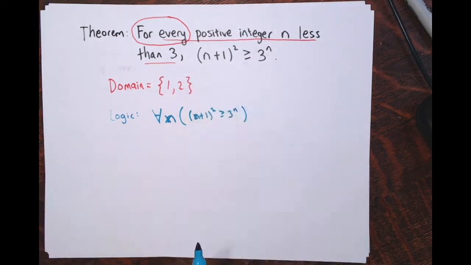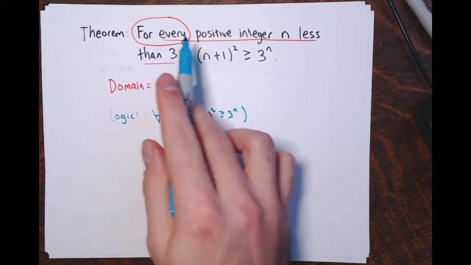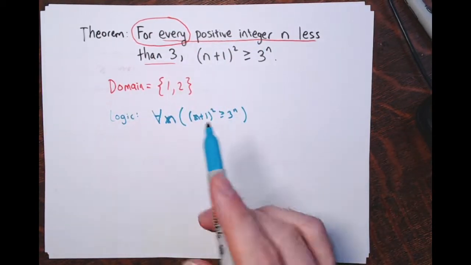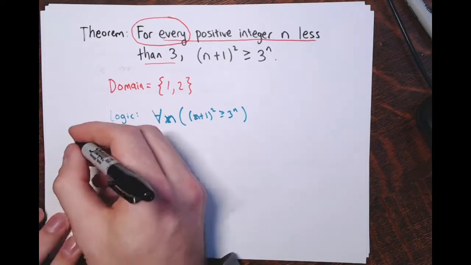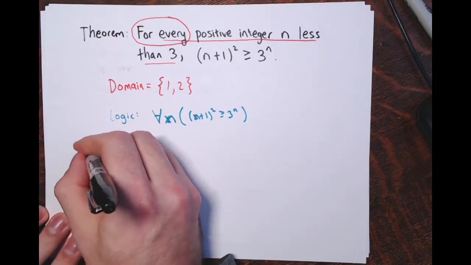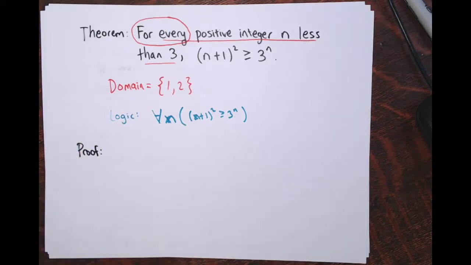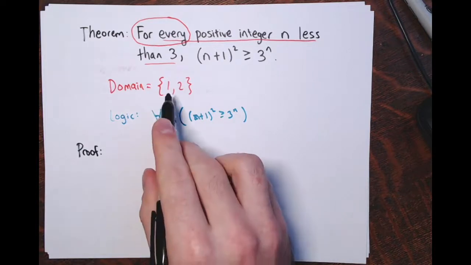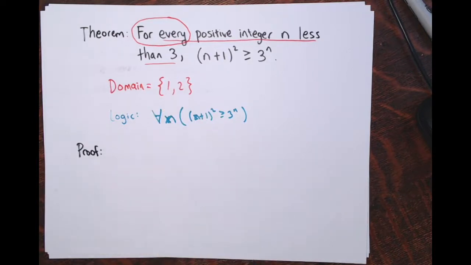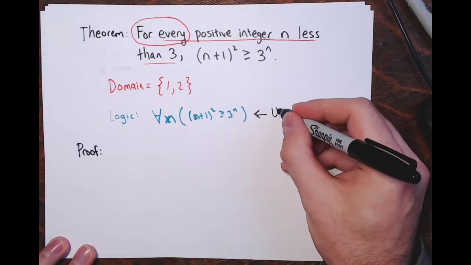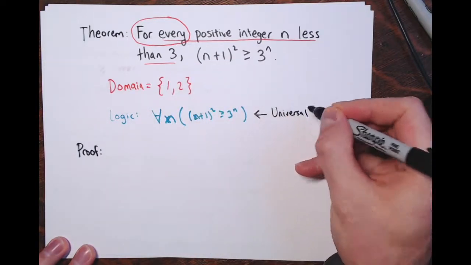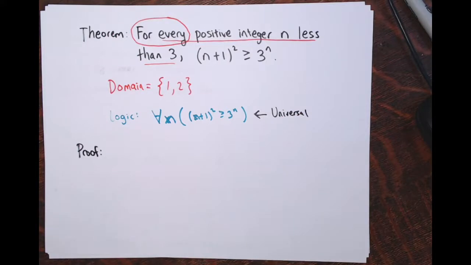The domain is just every positive integer less than 3, just the numbers 1 and 2. So for the proof, I don't have to do that universal generalization like I did in the last statement, because this time the domain is not infinite. It's still a universal statement, a for all, for every. So I still have to show that this statement is true for every value in the domain, but there's only 2 values in the domain.